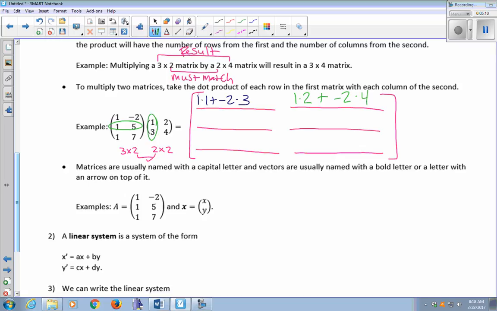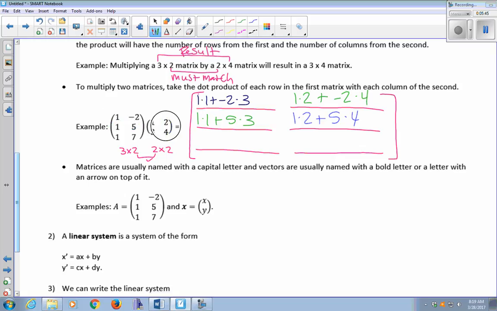I'm going to take the dot product, 1 times 1 plus 5 times 3. And then stick with that second row, but go to the second column of the matrix. So that's going to be 1 times 2 plus 5 times 4. And that was the second row, second column, so I put it in the second row, second column of the answer matrix.